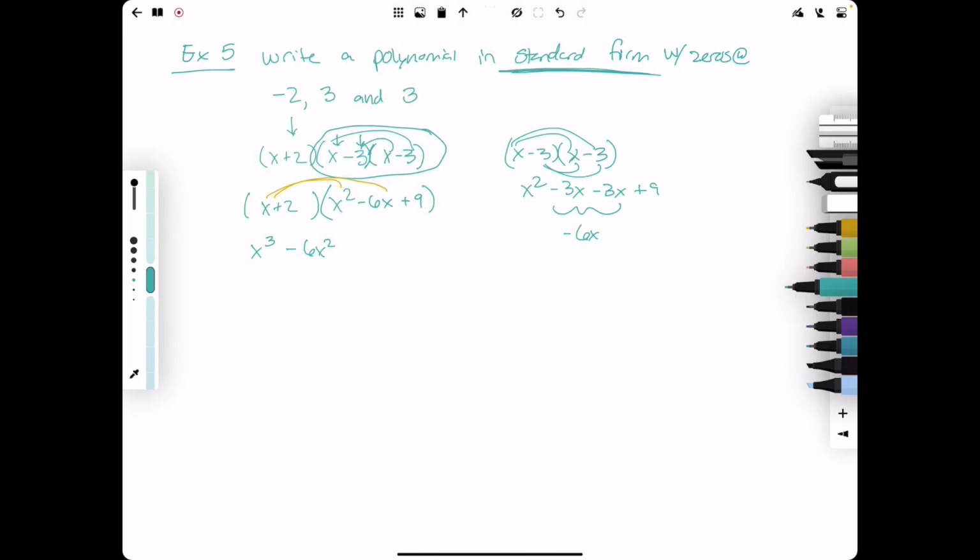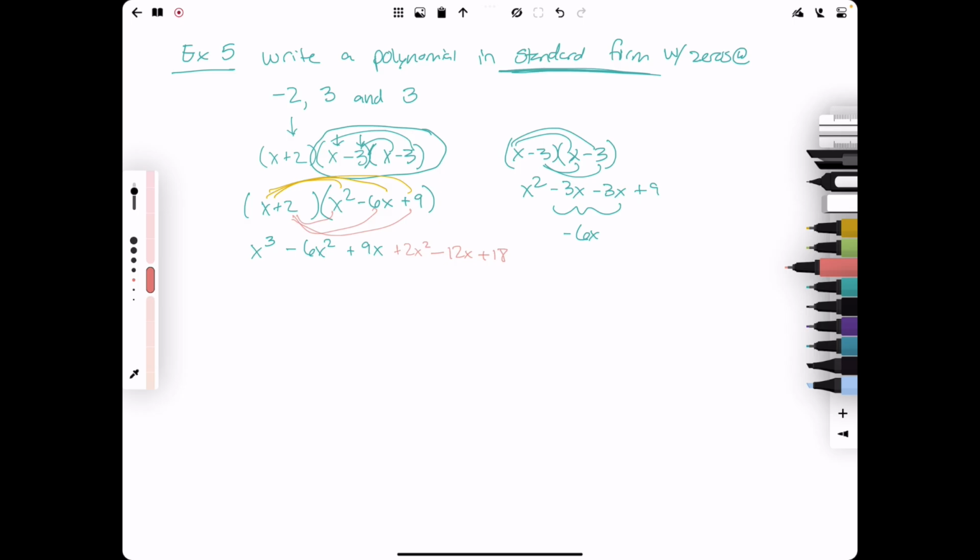And then x times 9, plus 9x. So far so good? Okay, you have x to the third minus 6x squared plus 9x. And then I need to do the 2 times everything, right? So I would have plus 2x squared minus 12x plus 18.